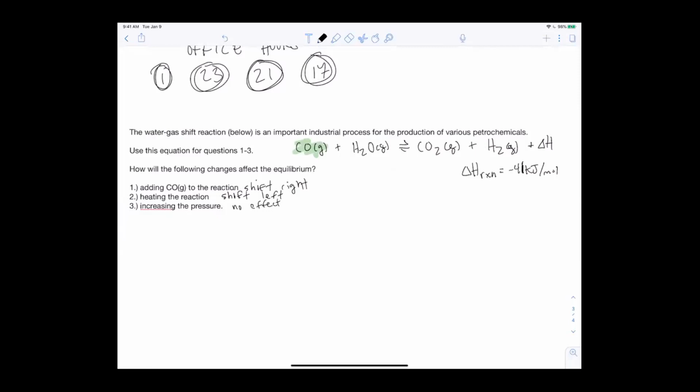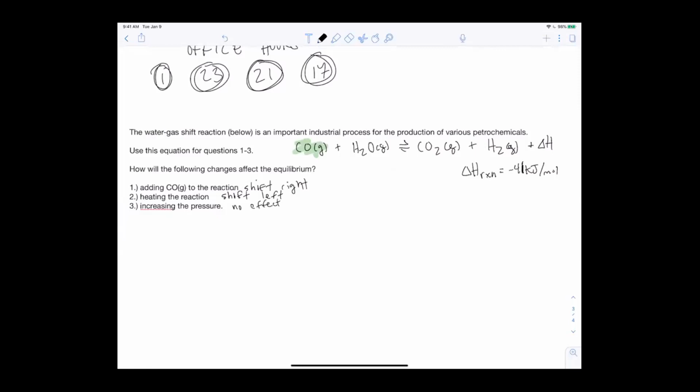So remember, changing the pressure shifts the reaction to the side that has more moles, but there's 2 moles on the left and 2 moles on the right. There is no change from increasing the pressure.